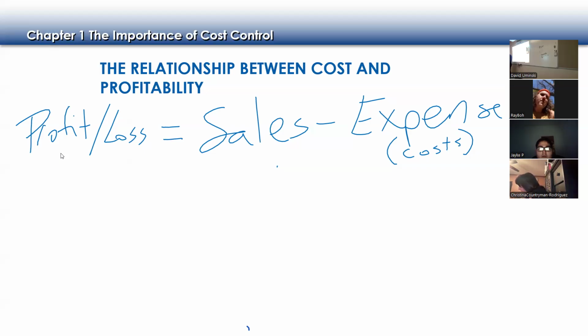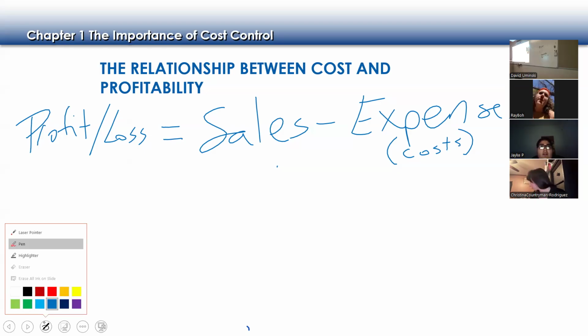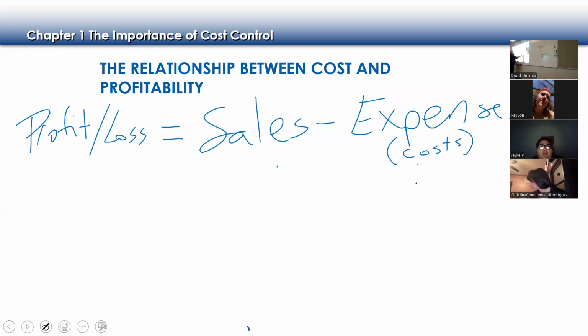The lower the cost is, the more profitable you are, at least in relation to your selling price. So if we can keep our costs lower, then our profit ideally would go up.